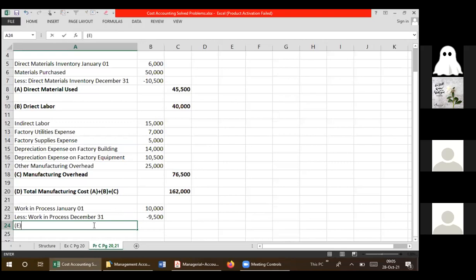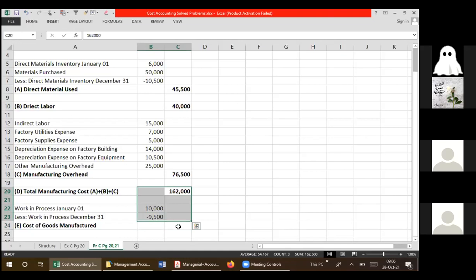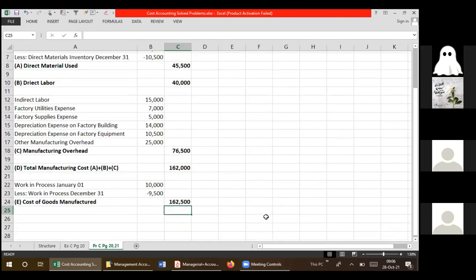So we have point E. That will be 162,000 plus the 10,000 minus 9,500. Adds up to 162,500. Cost of goods manufactured 162,500.